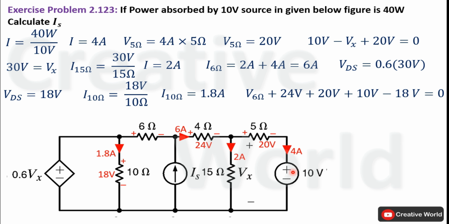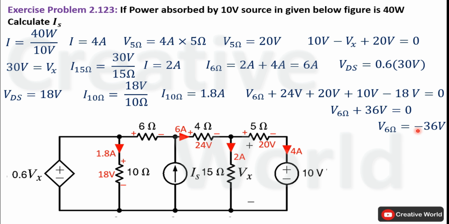Next, 10 volt will be taken with positive sign, and at the end, current entering terminal is negative, so 18 volt will be taken with negative sign. Now add these values together, their sum will be equal to 36 volt, and place this 36 volt on the other hand side of equal to calculate voltage across 6 ohm resistance, that will become minus 36 volt.